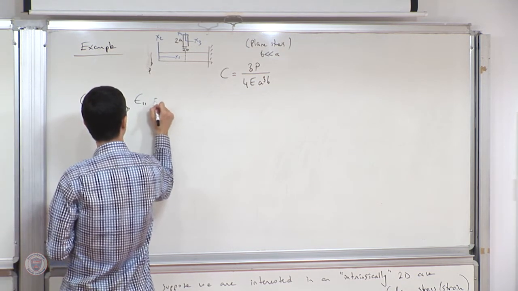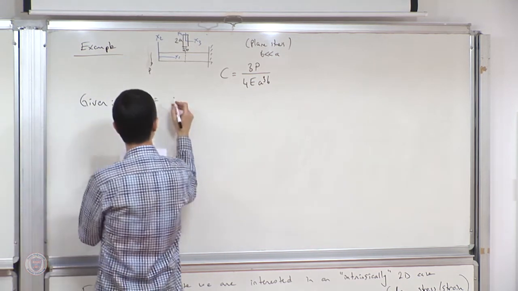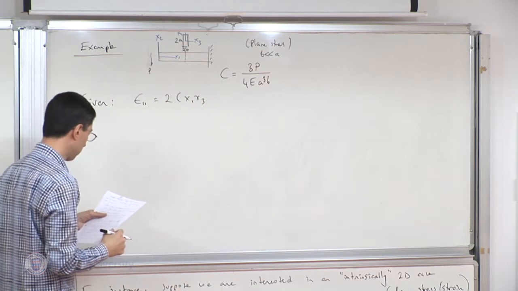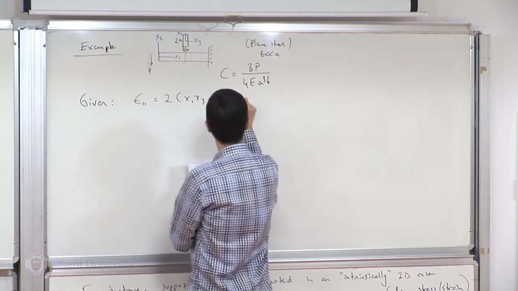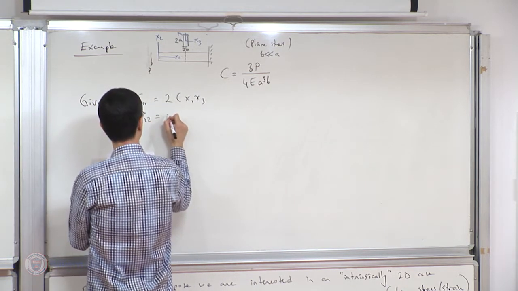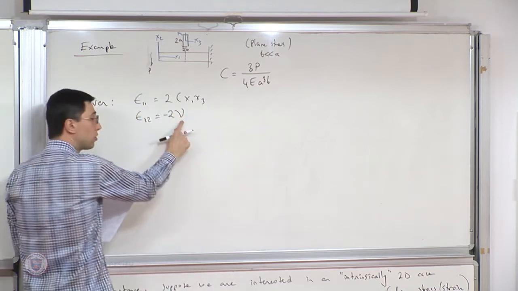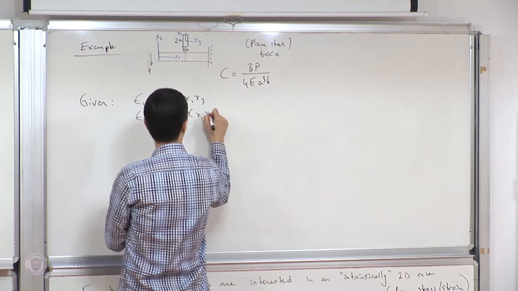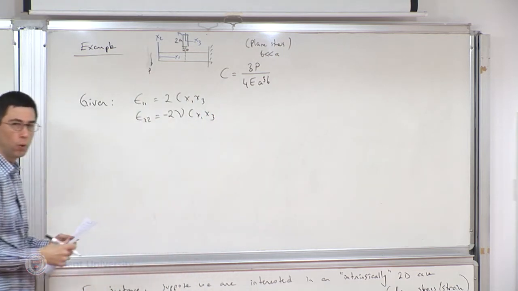So eventually it turns out that the strain field for this problem is given as follows. This is nu, right? The Poisson ratio. We also don't need to know what it is at this stage.